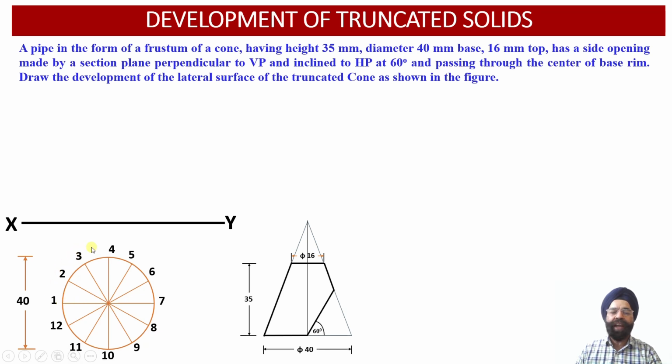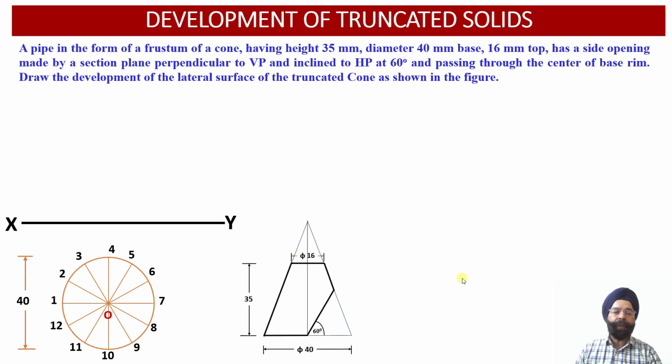So all the 12 points of the base have been appropriately marked into the top view projections over here. And we have also obtained the apex point. Now the apex point happens to be point O over here.